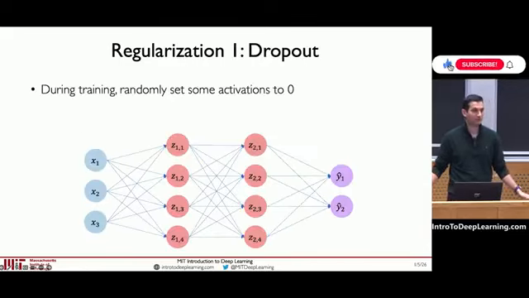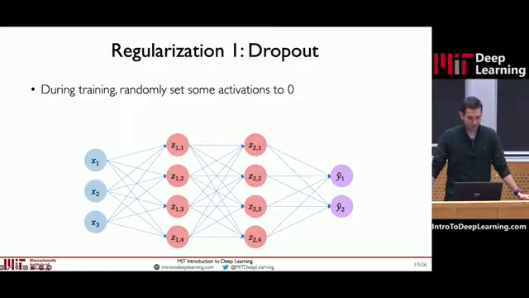There are many different ways to regularize depending on the type of model, but I'll talk about one of the most popular ways. This is the idea of dropout, right? Dropout is a stochastic method. It means that it's probabilistic. Let's revisit this schematic that we saw earlier in the lecture from a neural network. Right.